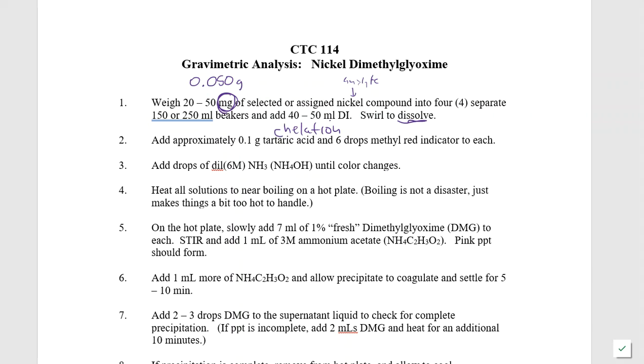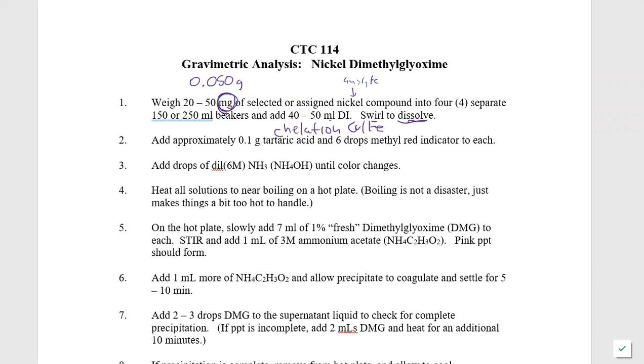That's a chelation. What we're worried about here are things like chrome and iron. We don't think there'll be any chrome or iron in this, but there could be. And we're just going to take an extra little step, and we're going to throw some tartaric in just to make sure that nickel only is going to precipitate out of this thing.